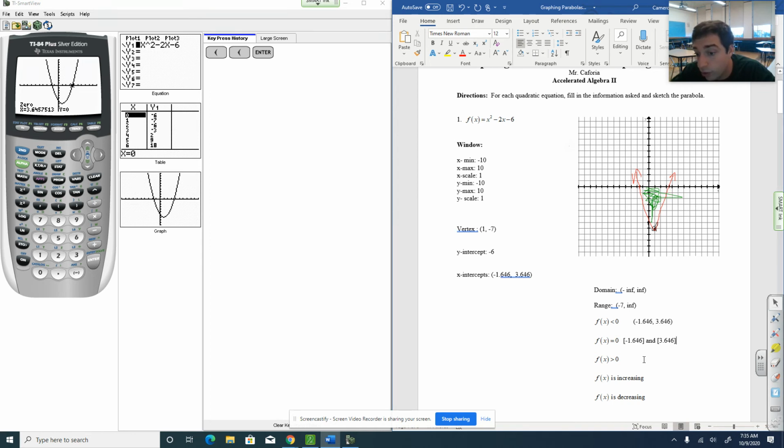So it's going to be two intervals: greater than 0 from negative infinity to -1.646 and from 3.646 to infinity. We need our parentheses. Okay?